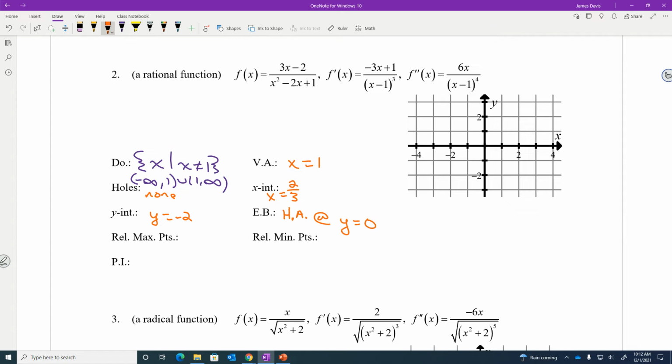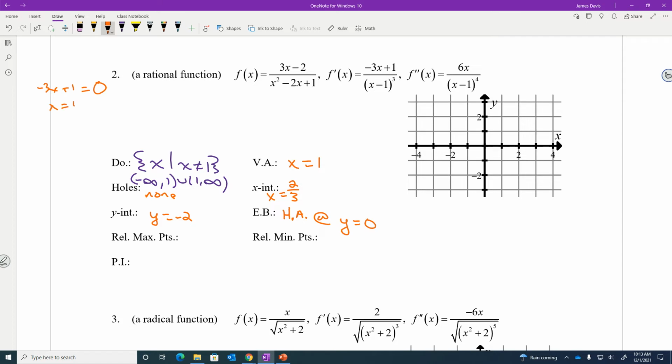All right, and now we can do our mins, maxes, and concavity. So let's start with increasing, decreasing, first derivative. We're at 0 and undefined. So top, set that equal to 0, and we'll get 1/3. Add that over and then divide.